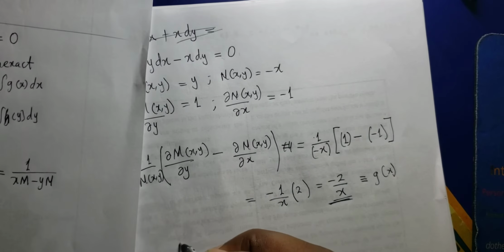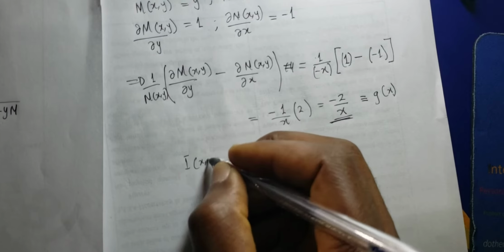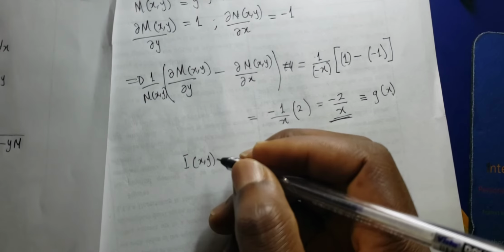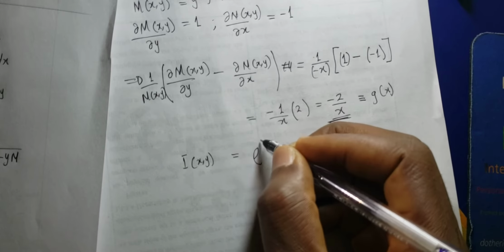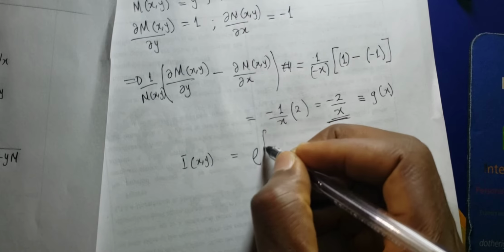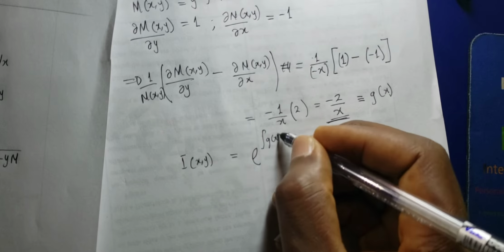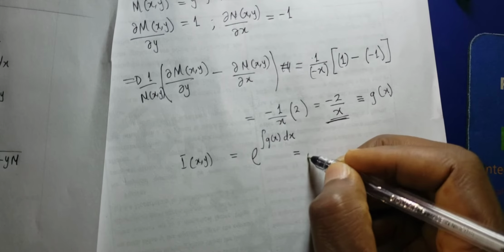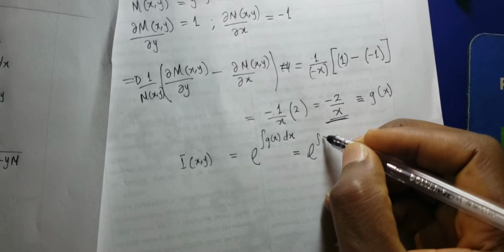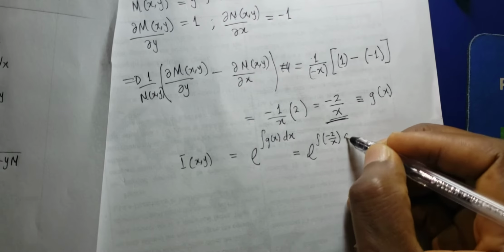So now we are suggesting that the integrating factor, which could possibly be some function depending on both x and y, is going to be equal to e raised to the power of the integral of g of x dx. So that is e raised to the power of the integral of minus 2 over x dx.